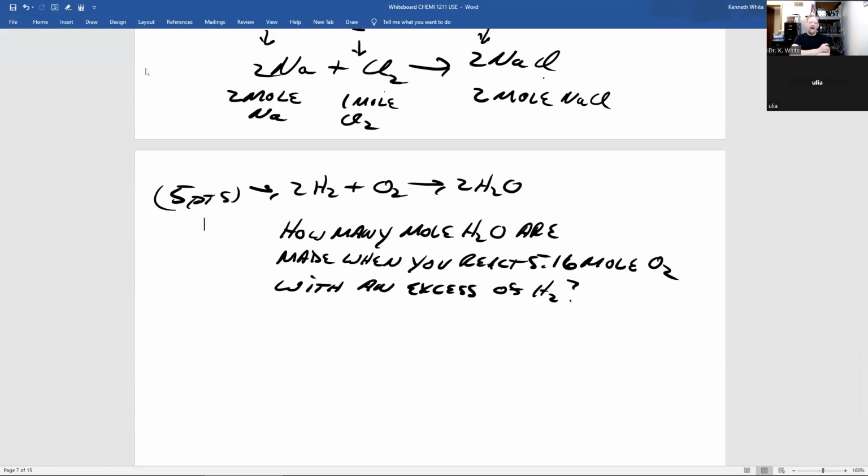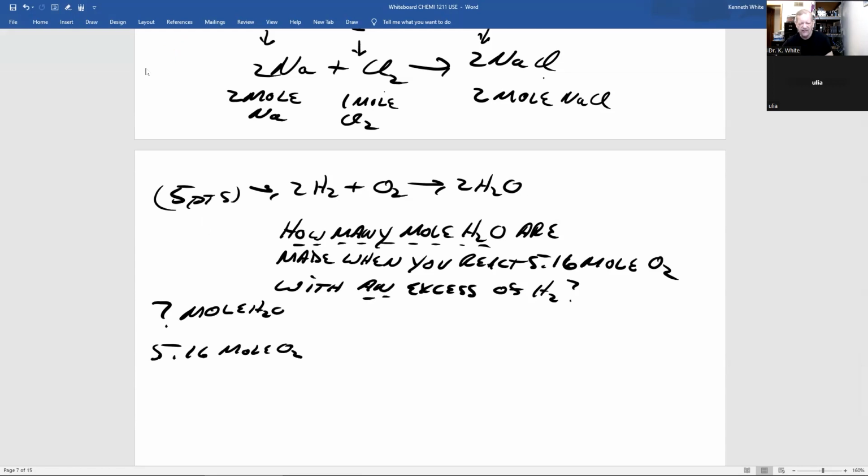Now, what are we being asked to find? The question is, how many moles of water? So we're trying to find moles of water. We're given 5.16 moles of oxygen.